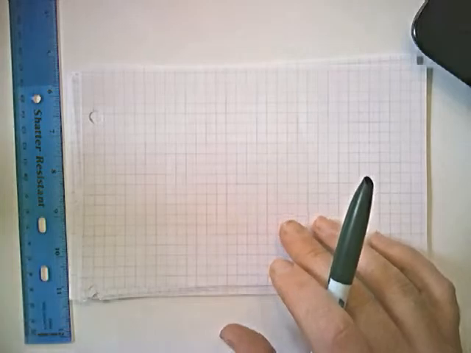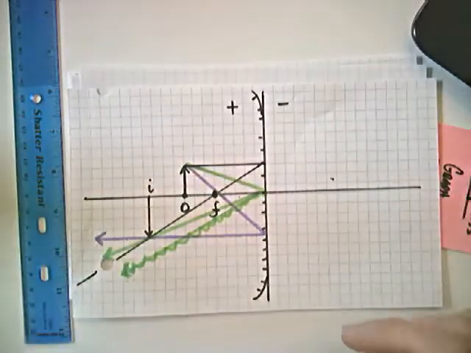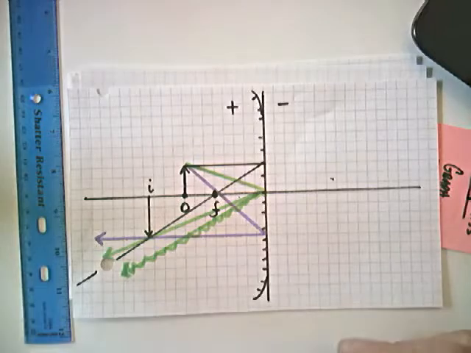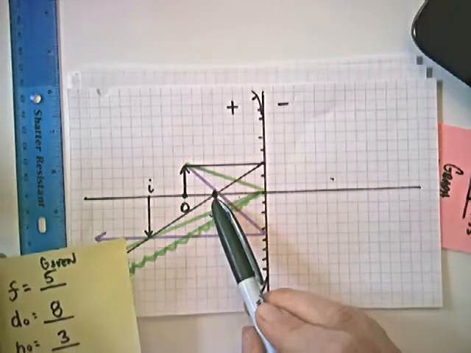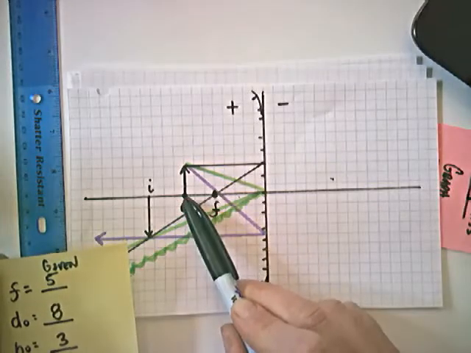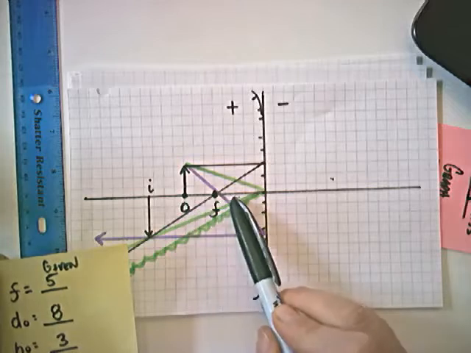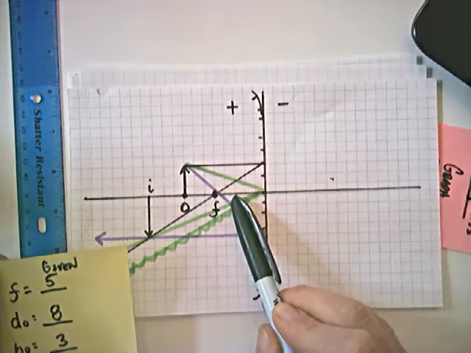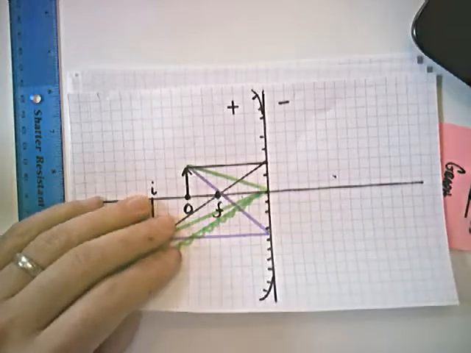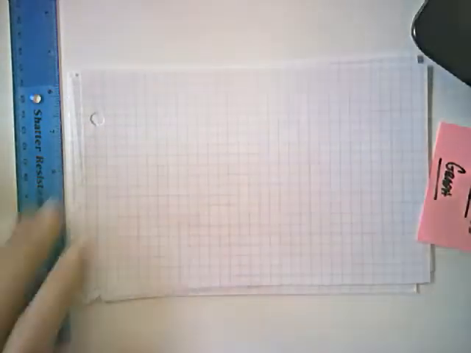So last time we kind of had a situation where we had an object, and the object was located behind the focal. So the focal was 5 and the object was 8. And now we're going to put it here at 3. And we're going to see what happens, how it's going to be different, okay?